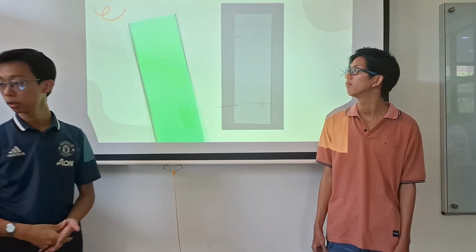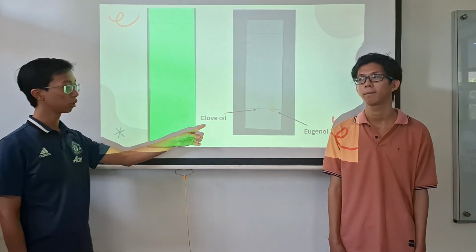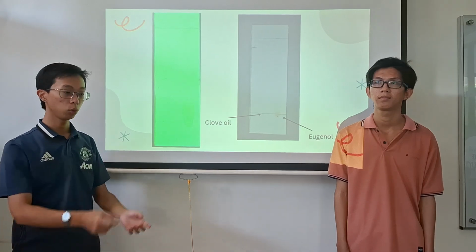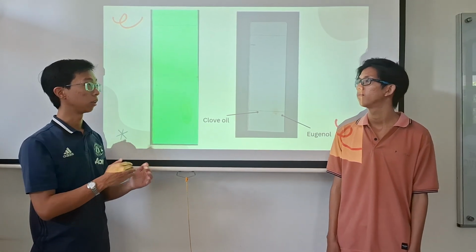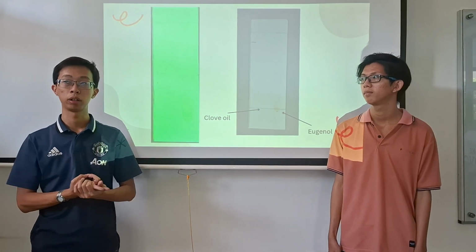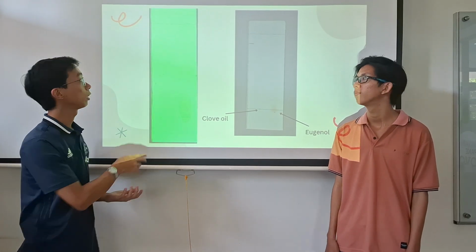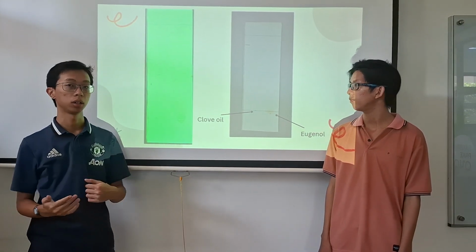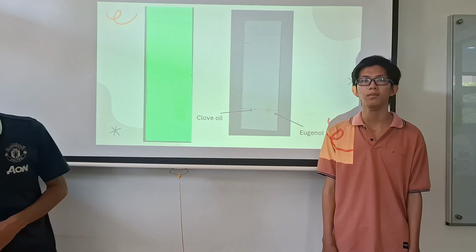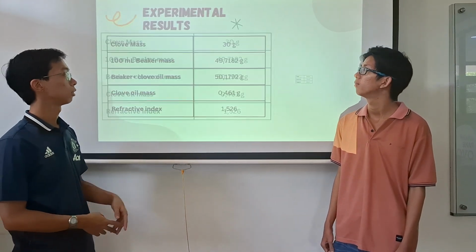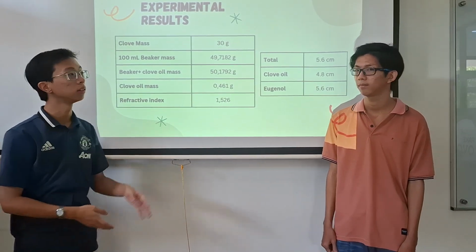In the TLC method, we take the eugenol from the clove oil and also the eugenol standard, and put them in a chamber containing hexane and dichloromethane in a 2:1 ratio. Here is the result from the test. And the last one is the refractive index, which gives us this data.